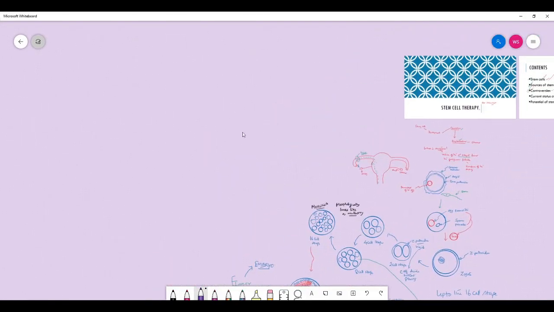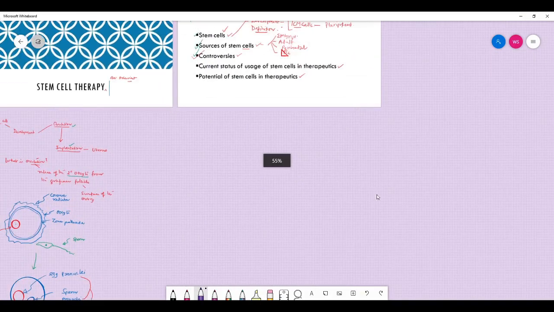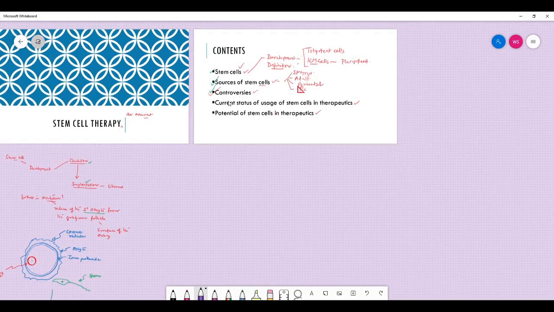Okay, let's see where we are in the contents. We have completed the controversies regarding stem cells. So now we are coming to this topic: the current usage of stem cells in therapeutics.